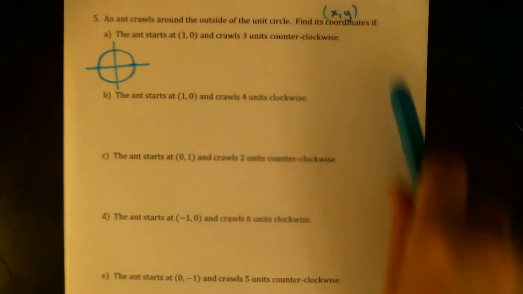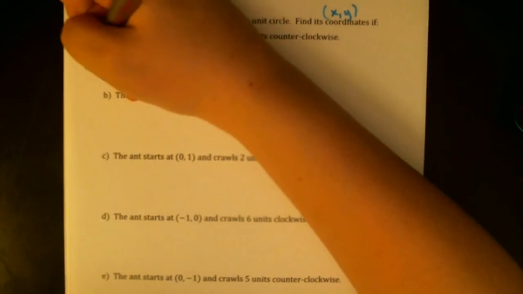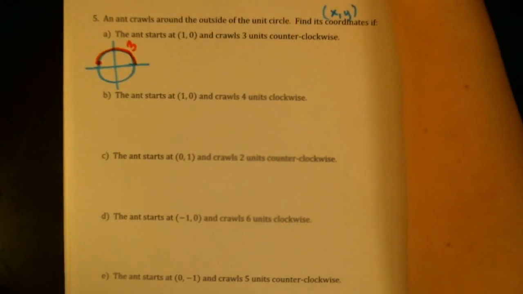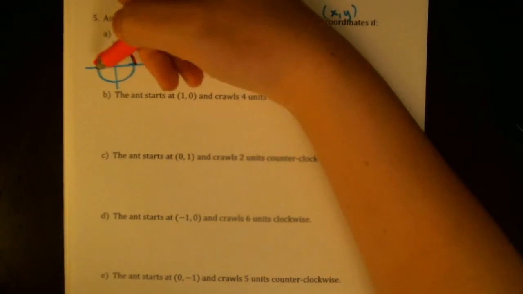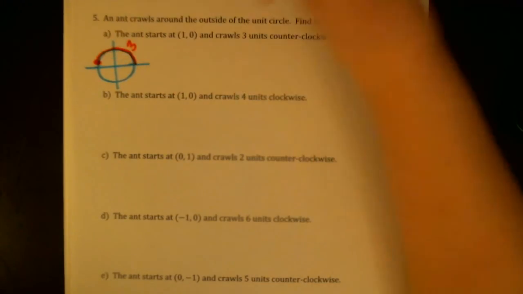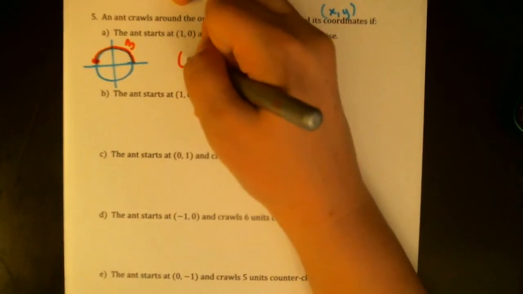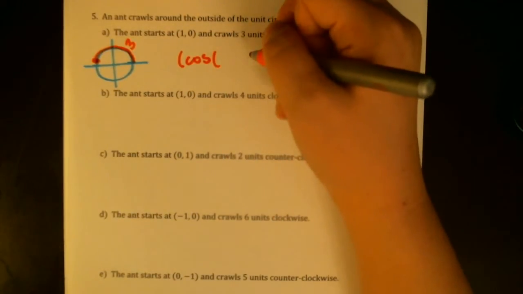Okay, so if we go 3 units counterclockwise, we are going to land just shy. So this is what 3 units around the outside of the unit circle looks like. I know this because pi is 3.14 and I'm just shy of that. If I want to find the ant's coordinates, I get its x coordinate by telling cosine how far the ant is from (1, 0).